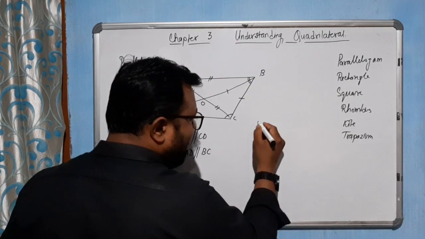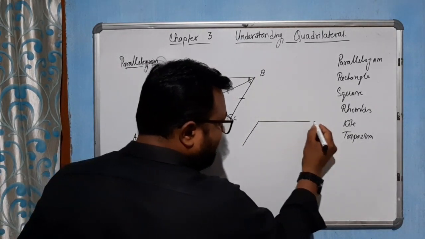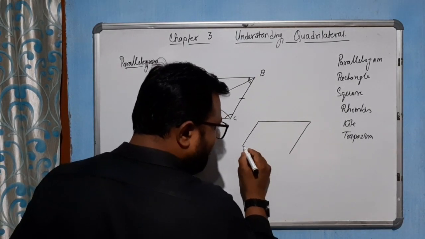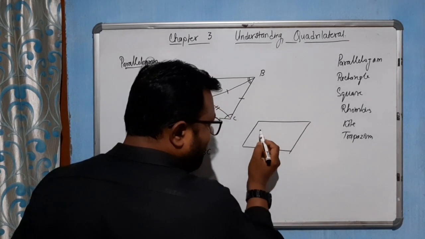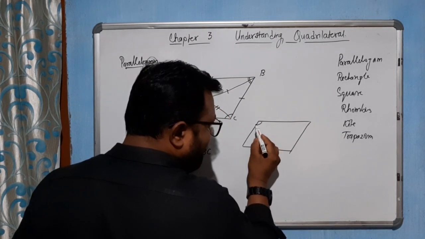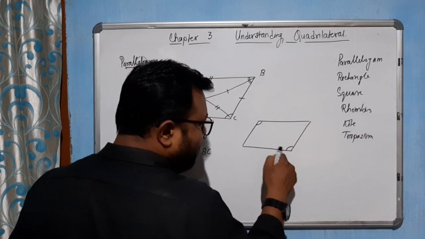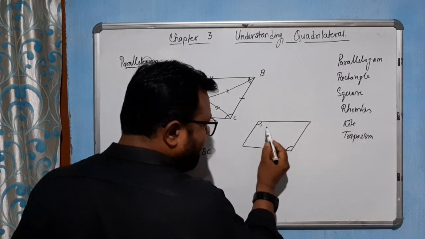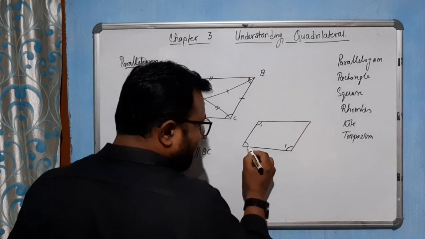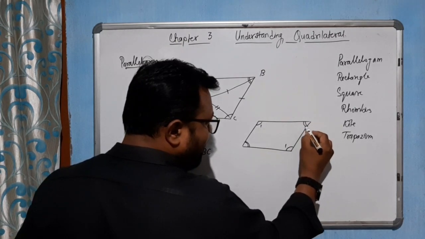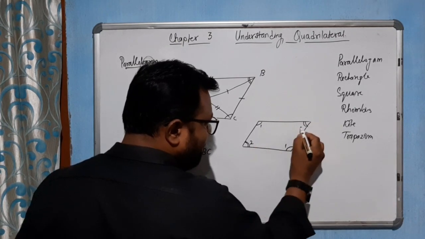See, let me draw another parallelogram. Let me mark the angles. These two angles are opposite and equal, so let me mark them as 1, 1. And these two opposite angles are equal, so I'm going to say 2.